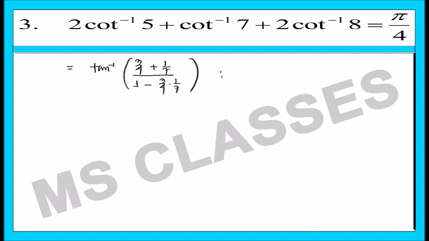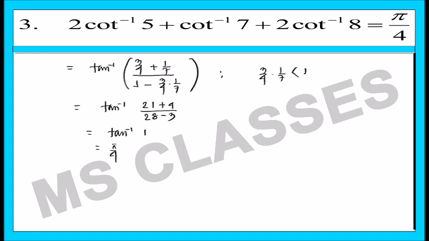Here 3 by 4 into 1 by 7 is less than 1. So tan inverse of (21 plus 4) by (28 minus 3). So that is tan inverse of 1.